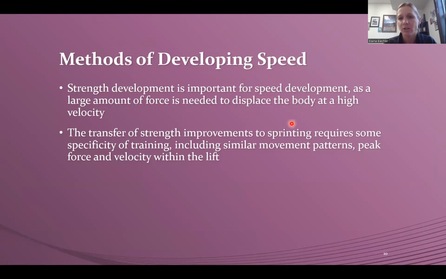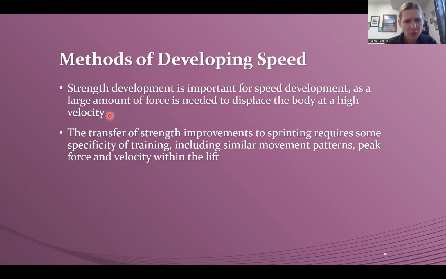Strength means absolutely nothing in most sports if I don't have speed or power to go behind it. I can bench 300 pounds, but if I can't catch somebody to tackle them, then it doesn't matter anyway. So I think we a lot of times undersell speed development and focus too much on strength development in sport, whereas you really need both. Both are very important in most sports when we think about what makes a good player.